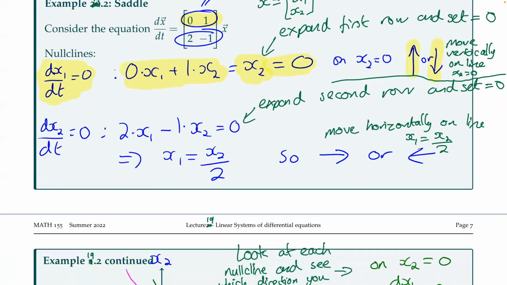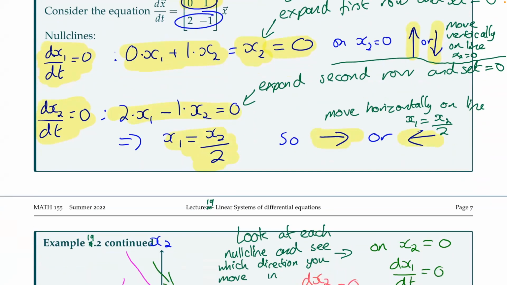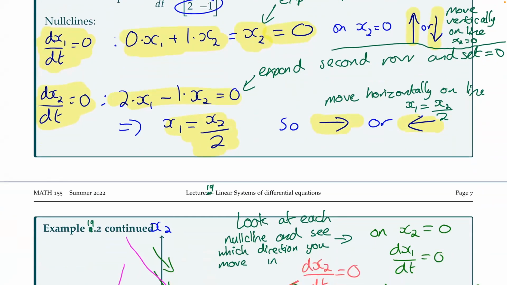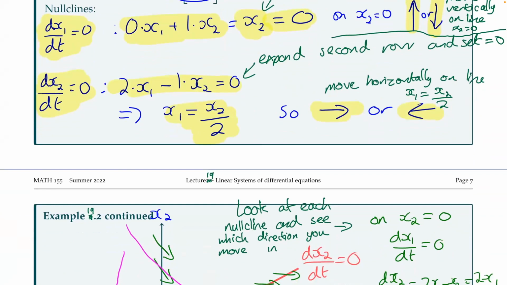Likewise, if we set the second row equal to 0, we know that dx2/dt is equal to 0, which means we're not moving up or down. We have to only be moving left or right. Again, we can solve this by setting that second row equal to 0, rearranging it, and it gives us a line. In this case, x1 is equal to x2 over 2. And we know on that line, we're only moving left or right.